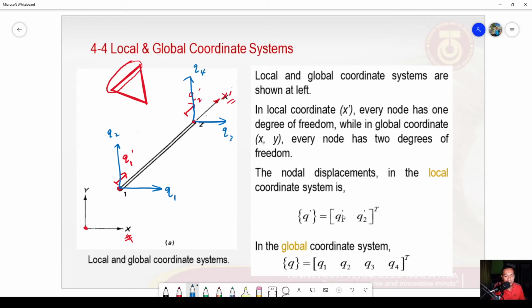So this is what is explained here. In the local coordinate system, there are only 2 displacements, similar to the 1D bar problem: Q1 prime and Q2 prime. This just refers to the local coordinate system, while in the global coordinate system, we have Q1, Q2, Q3, and Q4.